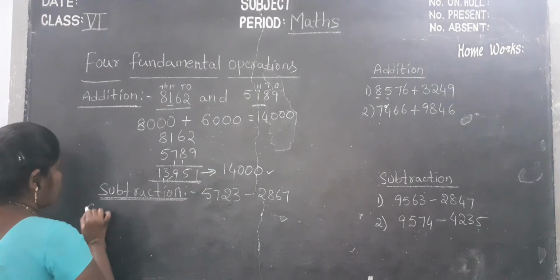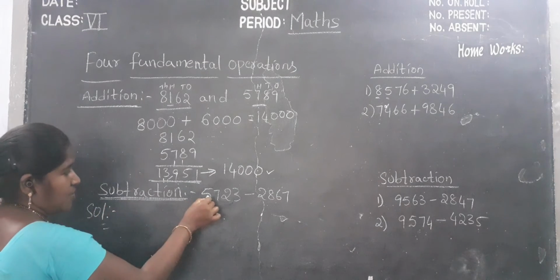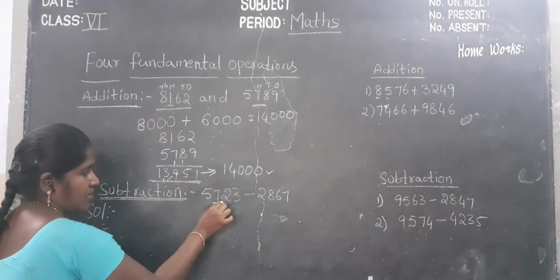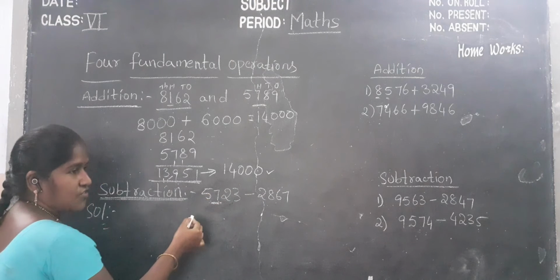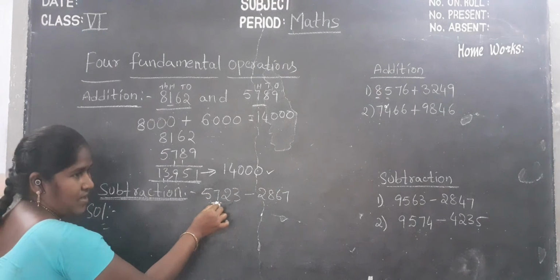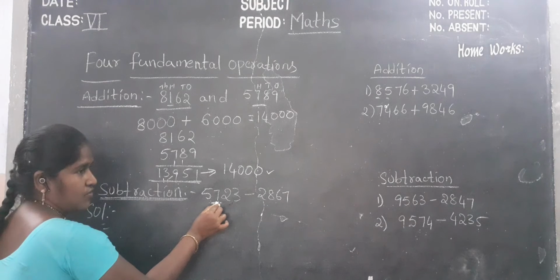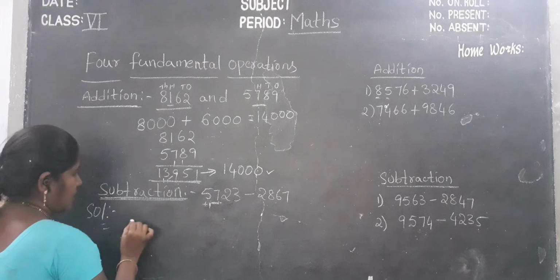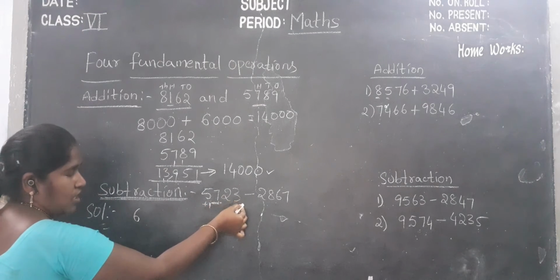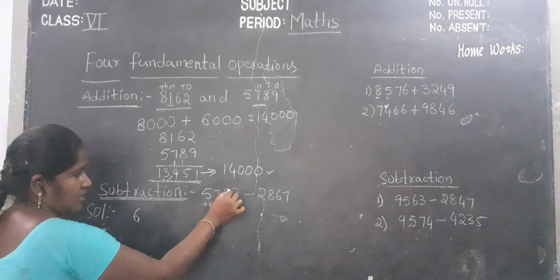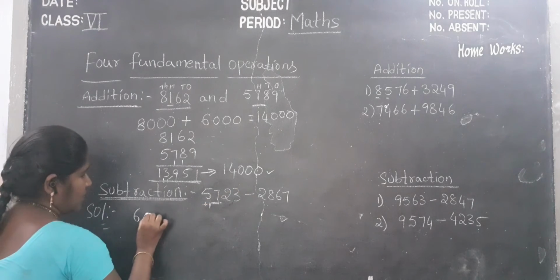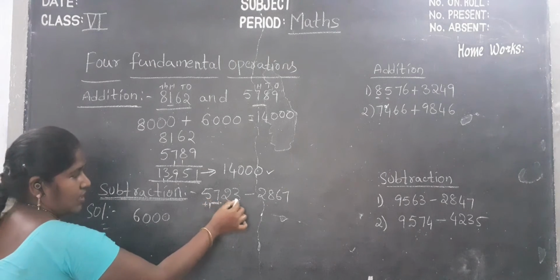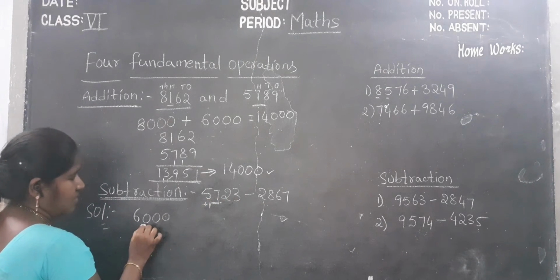What is the given number? 5723. So like this, 6,000.